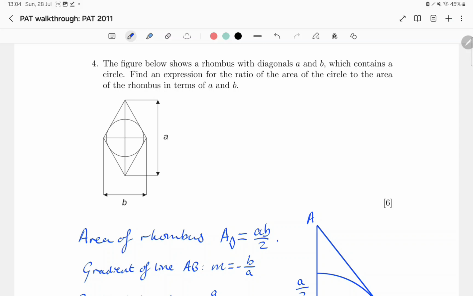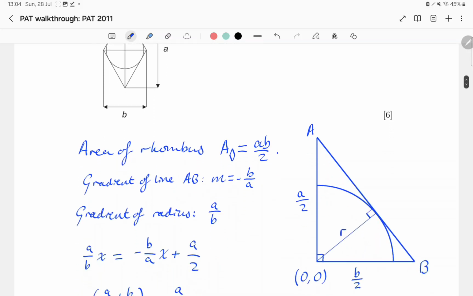The figure below shows a rhombus with diagonals a and b, which contains a circle. Find an expression for the ratio of the area of the circle to the area of the rhombus in terms of a and b. So firstly, we'll notice that the area of the rhombus is ab over 2.